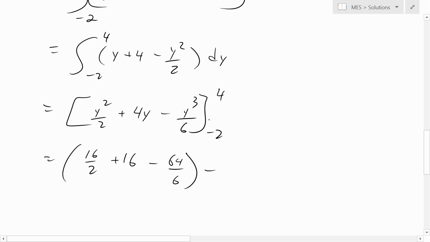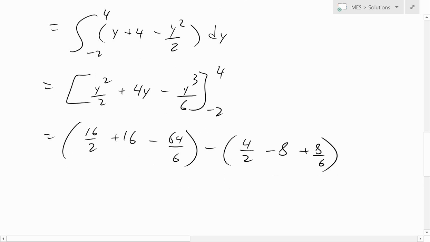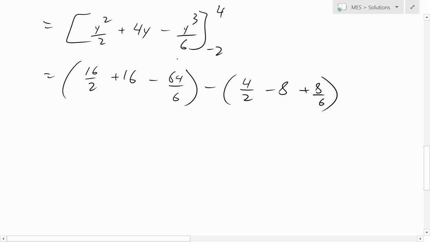And now we subtract by plugging in the -2. -2 squared is positive 4 over 2, and -2 times 4 is -8, and plugging in y cubed, -2 cubed is -8, but there's a negative there, so we go plus 8 over 6 right here. And now we just have to work through the algebra to solve this.